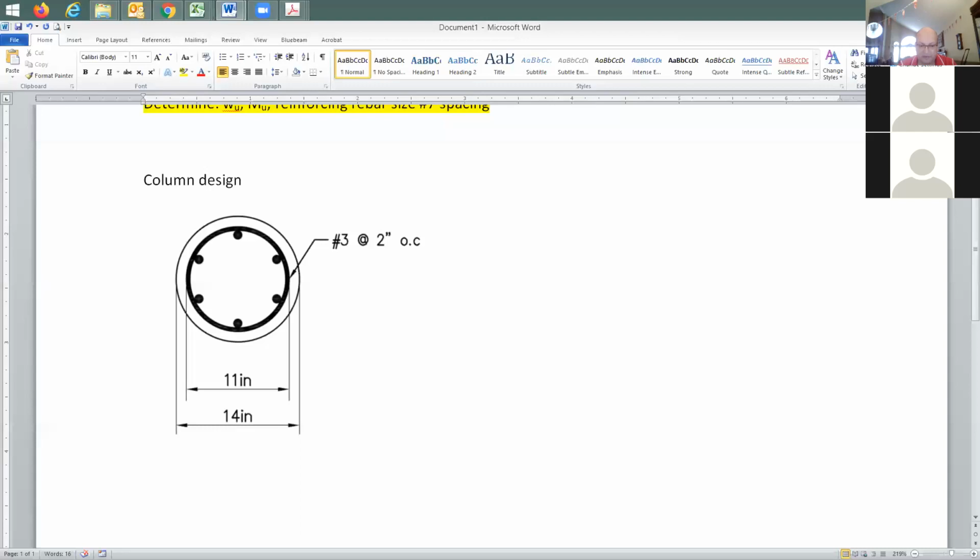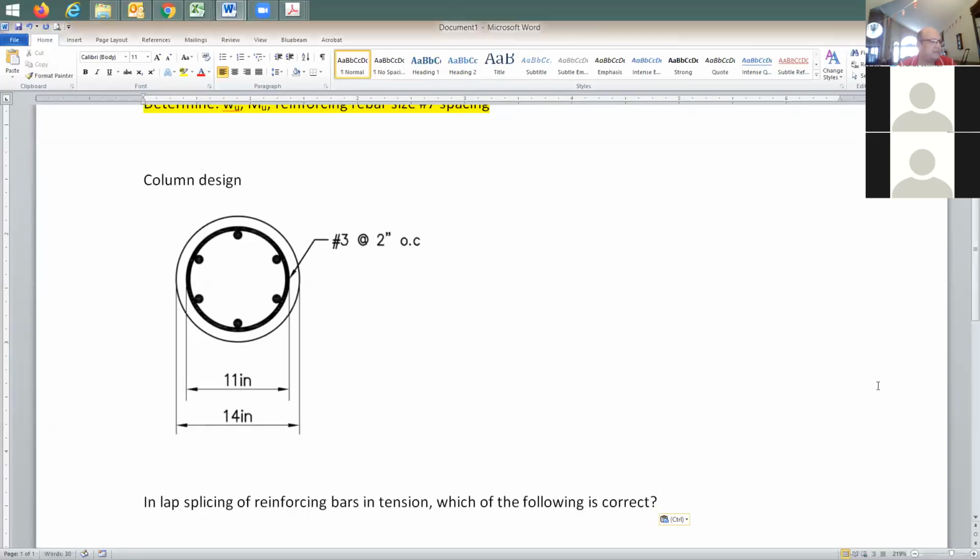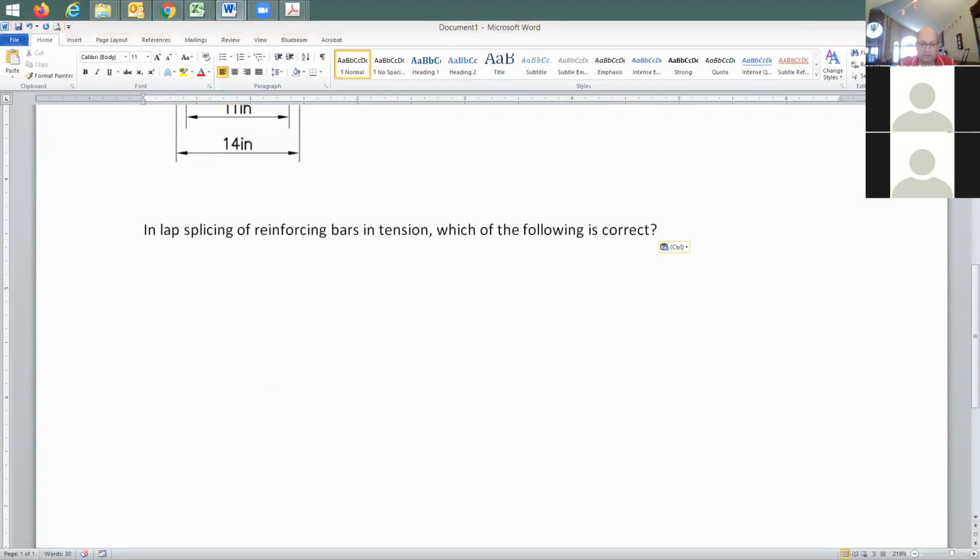Here's one of the problems. Let me just throw it here. The one is going to be multiple choice. And of course, you're going to have A, B, C, D, right? Not going to be all the answers, but you should expect something like this.